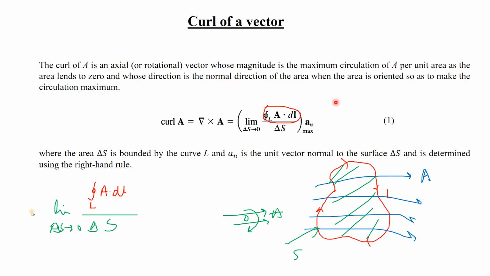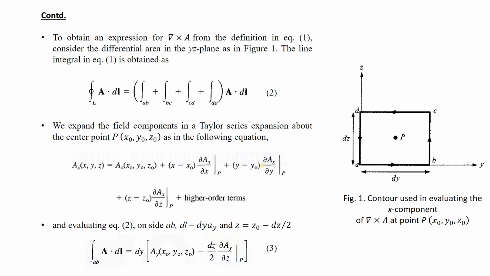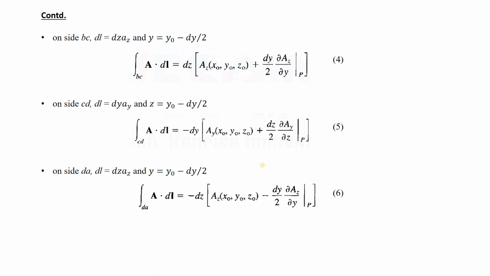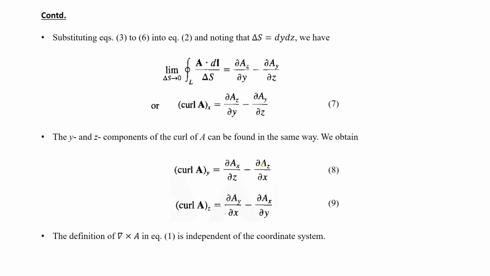The direction is actually the normal direction of the vector. That means it will be normal to the surface. So a_n is a unit vector normal to the closed surface, and it is determined by the right hand rule. So this is the curl.